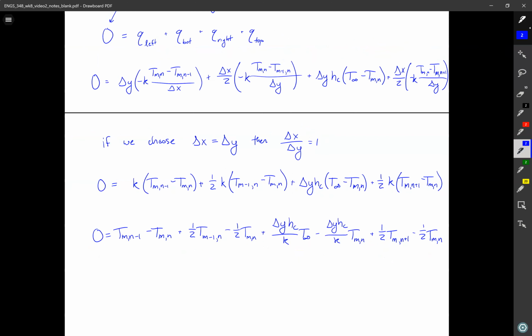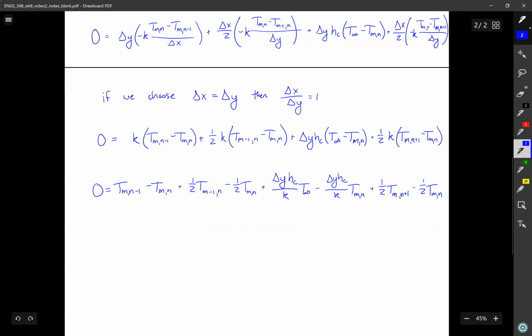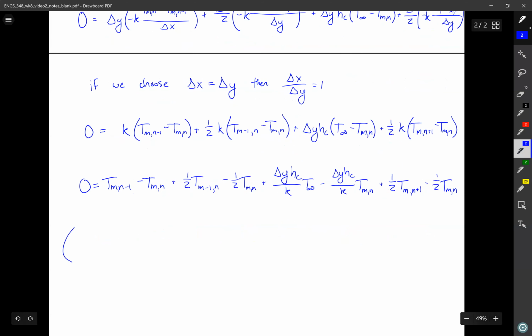So let's get all of the T_mn's over to one side, and let all the other stuff hang out on the other side. So T_mn, we have a 1 in front of it. Here we have a 1/2, 1 plus 1/2. Here we have this guy, so that's delta Y h_c over k. And here we have a 1/2, plus 1/2.